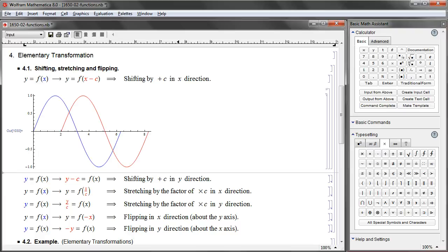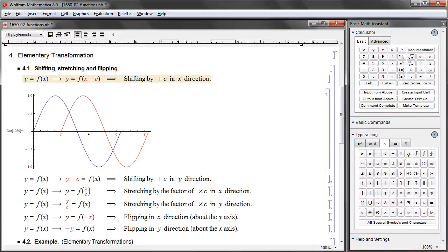Plus c in the x direction, so we have minus c, and that's for the x direction, so we have to do that to x. This x, which I highlight in blue, is becoming x minus c, which is highlighted in red. And that's what it is. Inverse operation. Plus c becoming minus c in the appropriate direction, in the x direction.